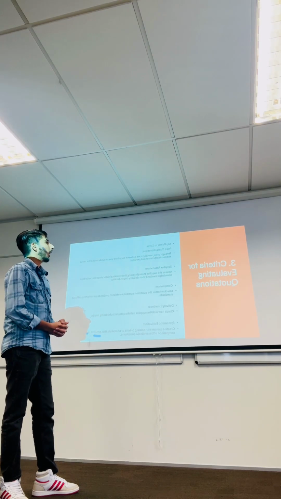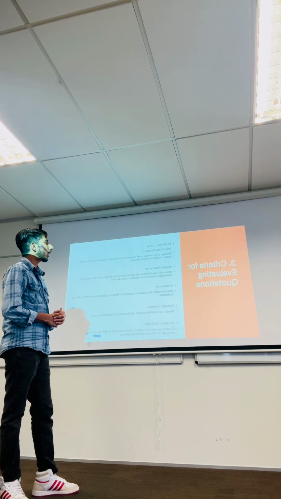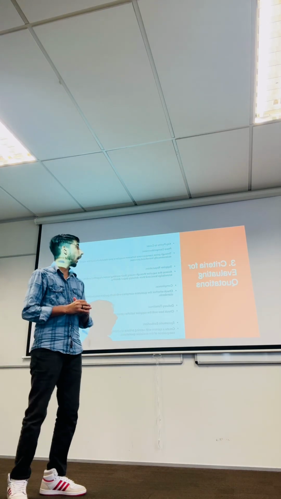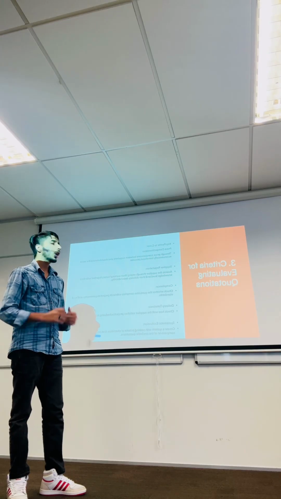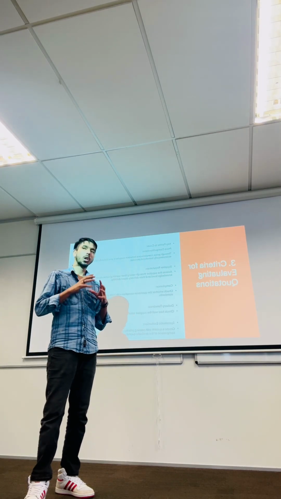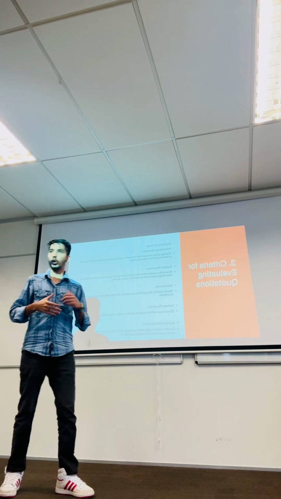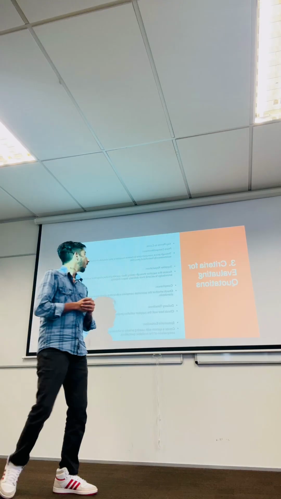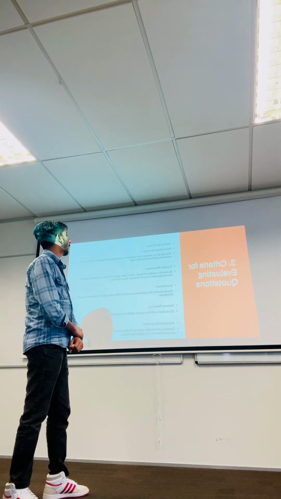The third topic is criteria for evaluating quotations. Now we are going to have a look at the criteria, what criteria we have, so we can take good quotations and apply them to our building. The first one is price competitiveness.